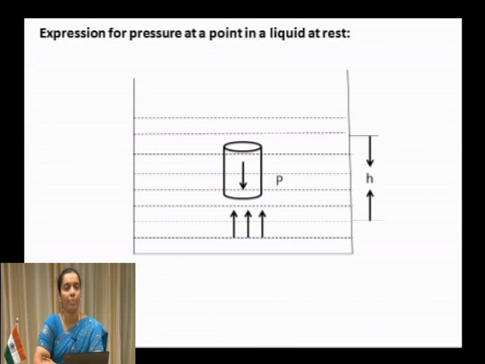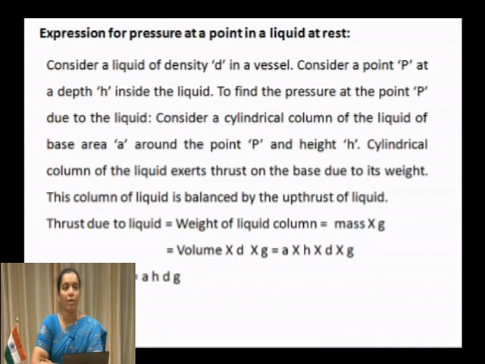We take the height or length of the pipe as h. The radius of the pipe is r. Now, when the pipe is immersed into the liquid, the pipe also gets filled with water, and the water inside the pipe will exert some thrust on the walls of the pipe.